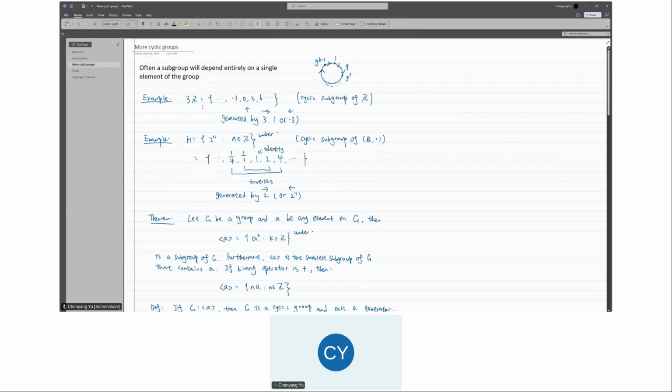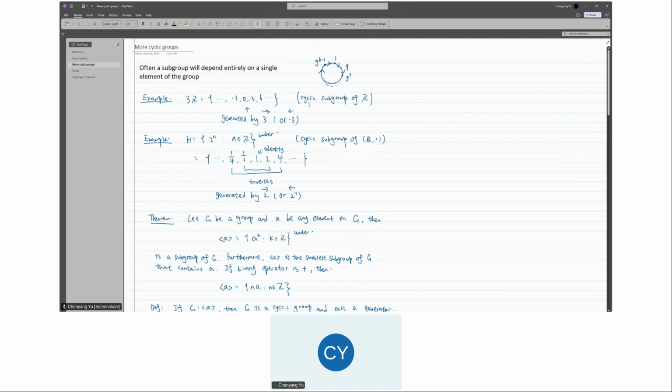How do I know this? Take a few examples. For example, 3Z is the set of multiples of 3. You can say it is generated by 3, keep adding 3, so you move to the right. Or you can say generated by -3, you start from the right and subtract 3 to get to the left.